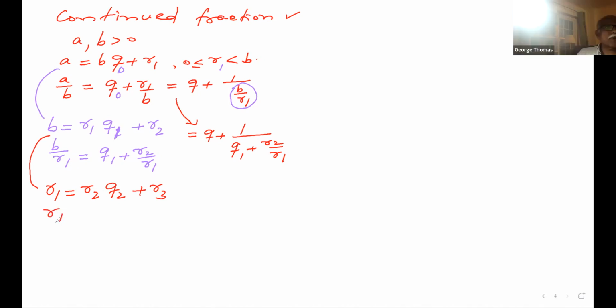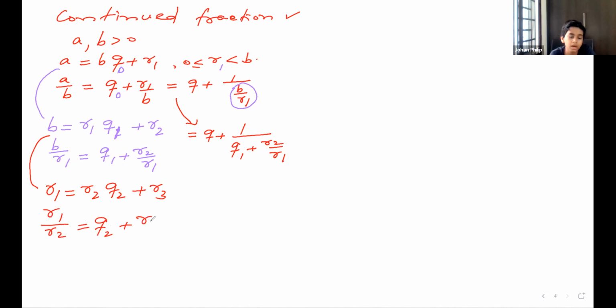Therefore, R1 over R2 is Q2 plus R3 over R2.